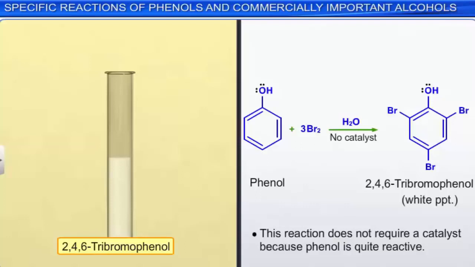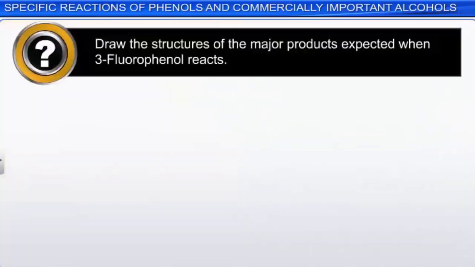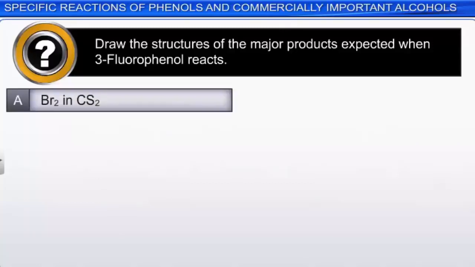Can you solve this problem on your own? Draw the structures of the major products expected when 3-fluorophenol reacts with bromine in carbon disulfide, and with bromine water.